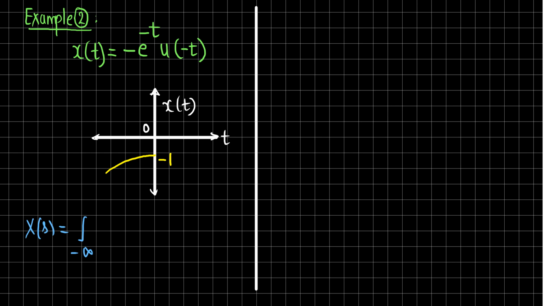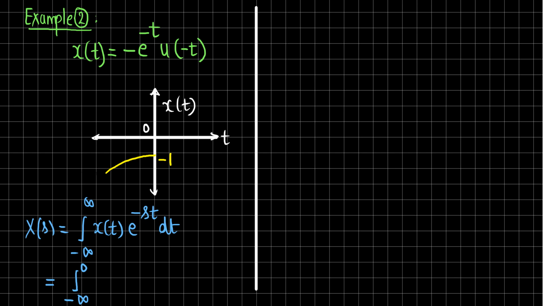We know from the definition of Laplace, x of t e power minus st dt, and that is going to be equal to, now integration will be from minus infinite to 0. Just because this is multiplied by u of minus t, the integration lies from minus infinite till 0.